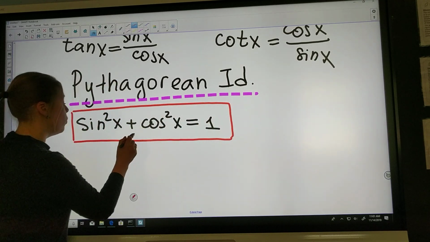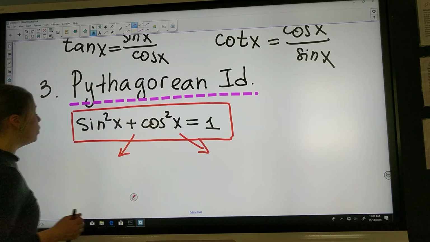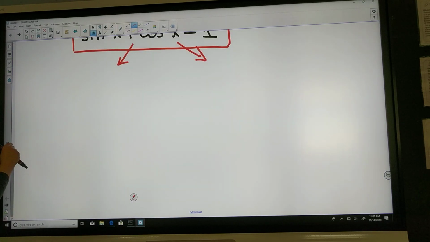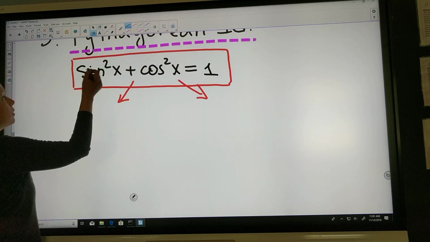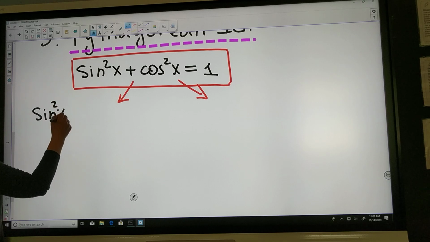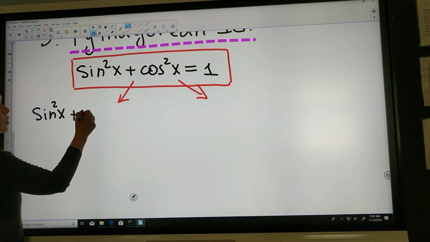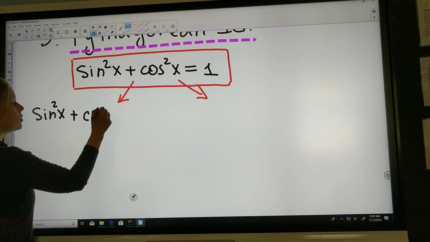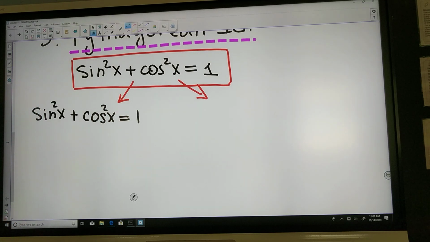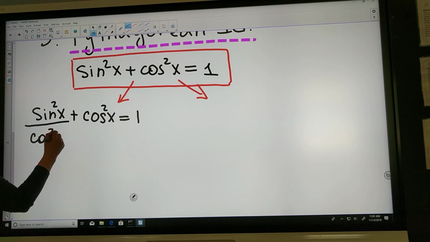From there, you can get 2 more. Let me copy this Pythagorean trigonometric identity, and then I will divide each term by either sine squared or cosine squared to get another 2 identities. First, I will divide everything by cosine squared.